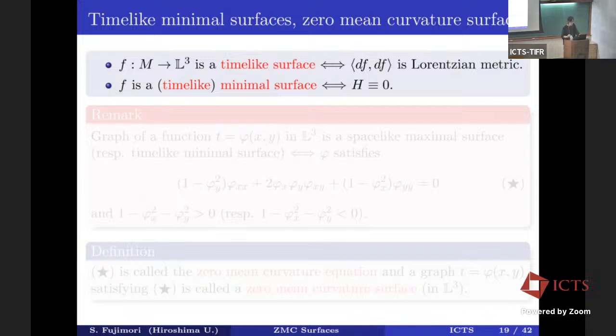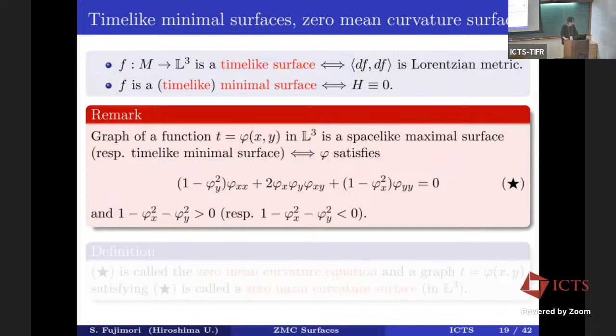In this case, a maximal surface really maximizes area, but here we have no such property. I don't know if minimal surface is good naming, but it just means mean curvature equals 0. I borrow the name from minimal surfaces in R3. This is not minimal anymore, but we say minimal because this is the zero mean curvature.